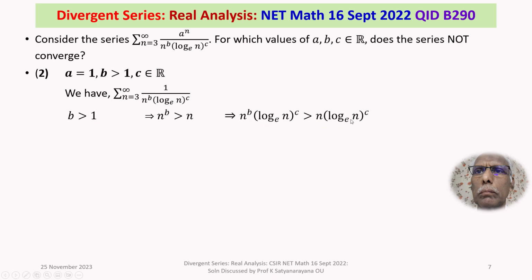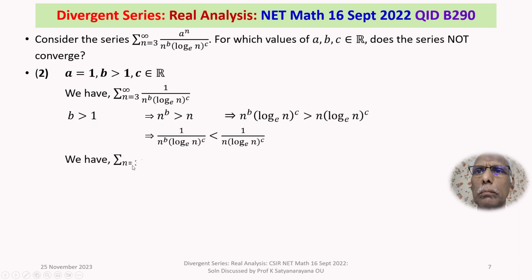So multiply throughout by that, and the inequality is maintained because it is positive. So now 1 by n^b (log n)^c is less than 1 by n (log n)^c.